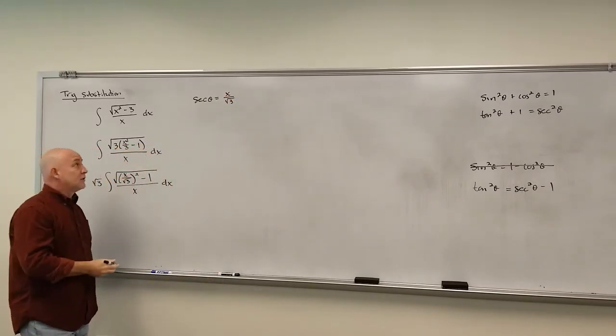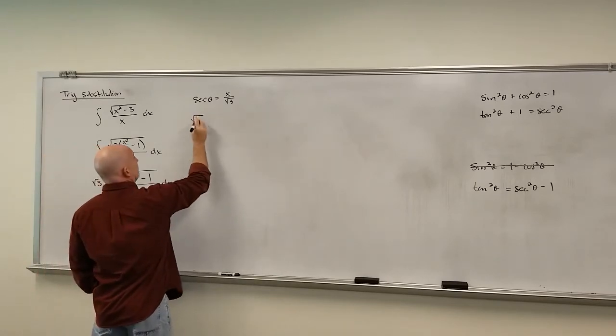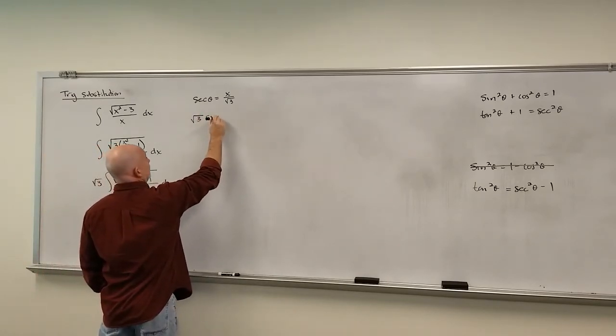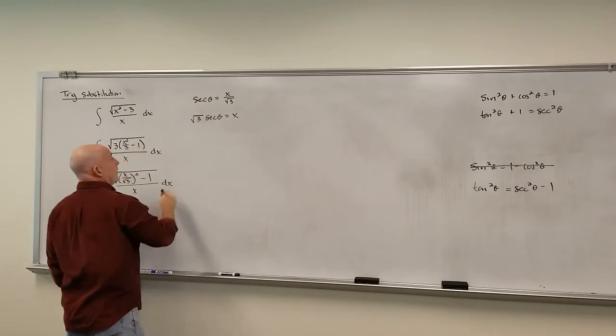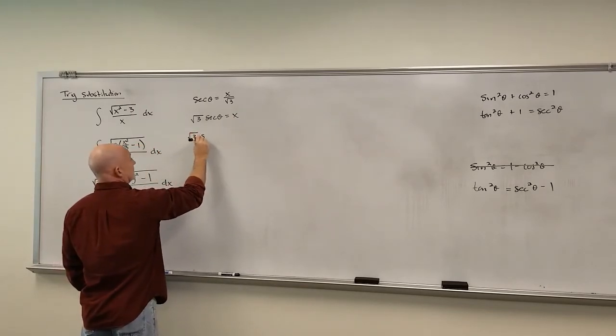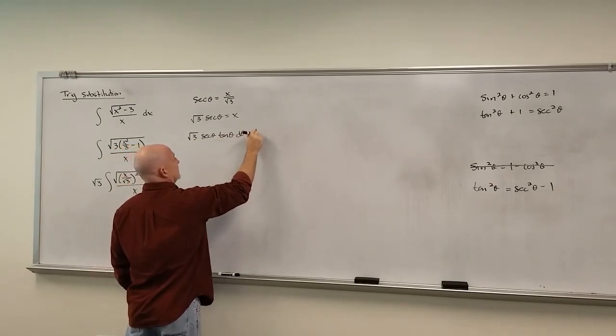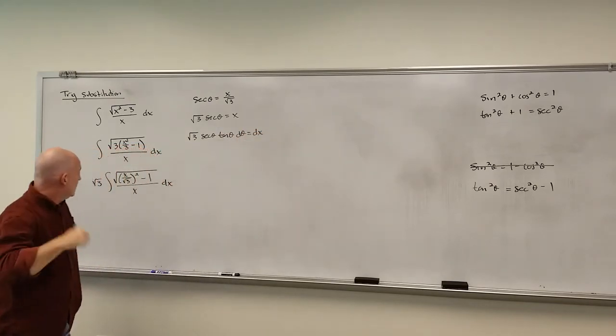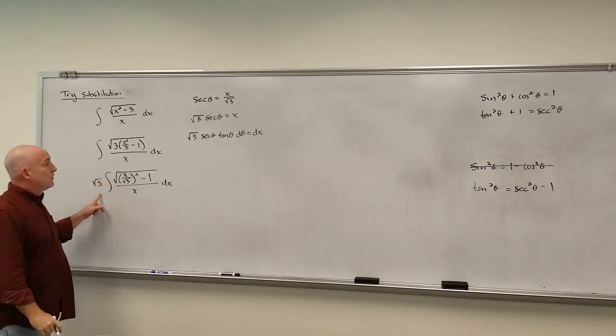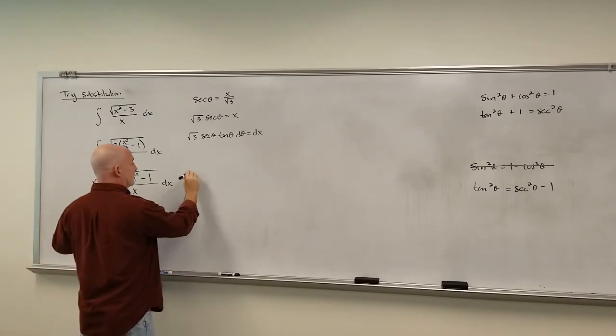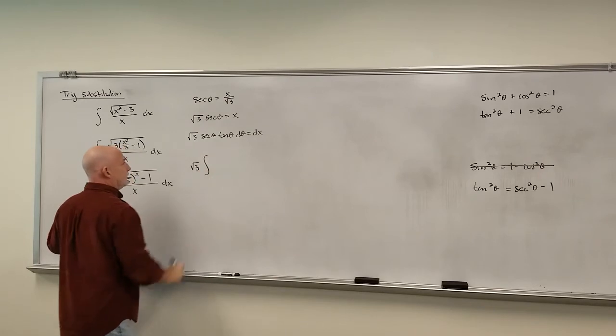Now again, I need to take the derivative of this. A lot of times it's helpful to isolate the x first. The derivative of secant is secant tangent d theta, and that is just dx. Okay, so here's what we started with. There's our square root of 3 on the outside.